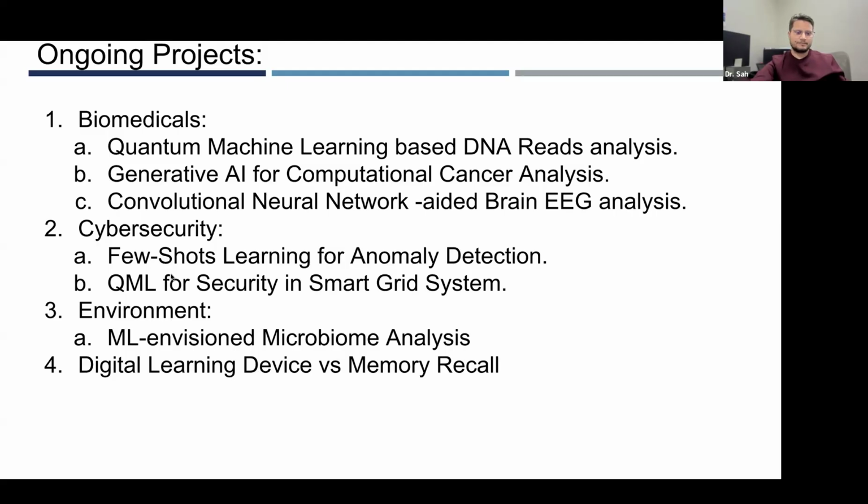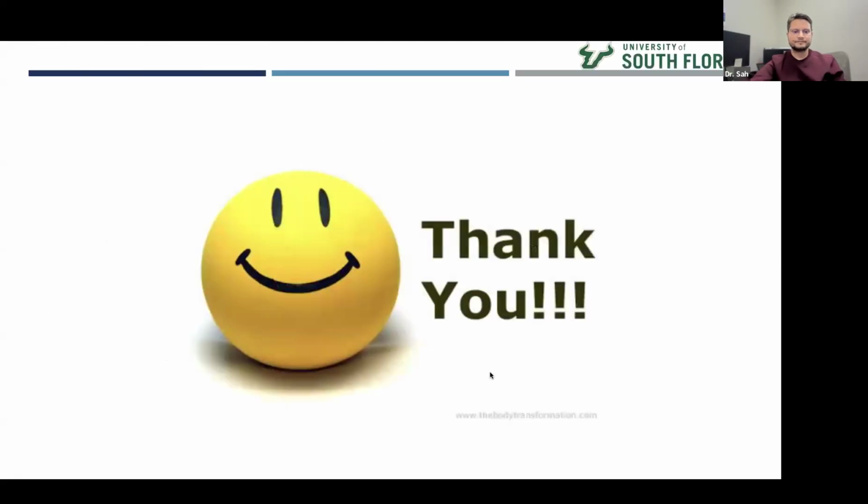And in terms of cyber security, anomaly detection, like few-shot learning, similarly QML, quantum machine learning for smart grid systems, and in the environment, microbiome analysis, where I'm working with the School of Environment. And this is memory recall ability in a digital learning device setting, which I'm working on with my graduate student for her thesis.